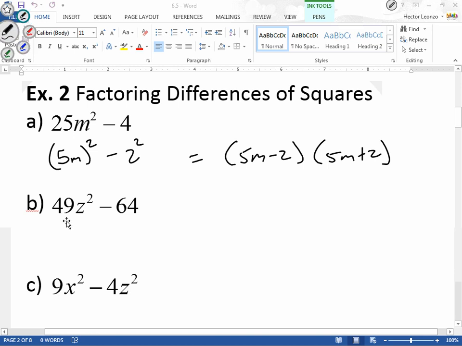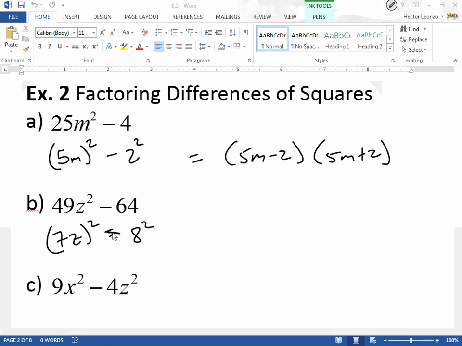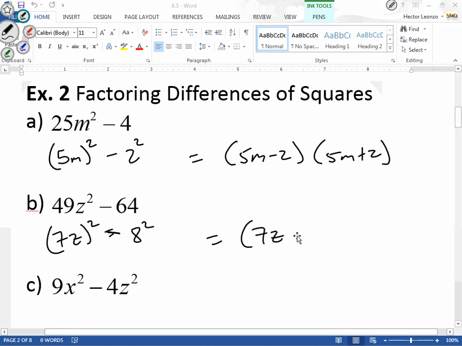Looking at my example B, the first thing I can write this as 7z all squared minus 8 squared. So once again, try to rewrite this as the difference, so a minus in between, difference of the squares. My factoring is going to be 7z minus 8 and 7z plus 8. Cool.